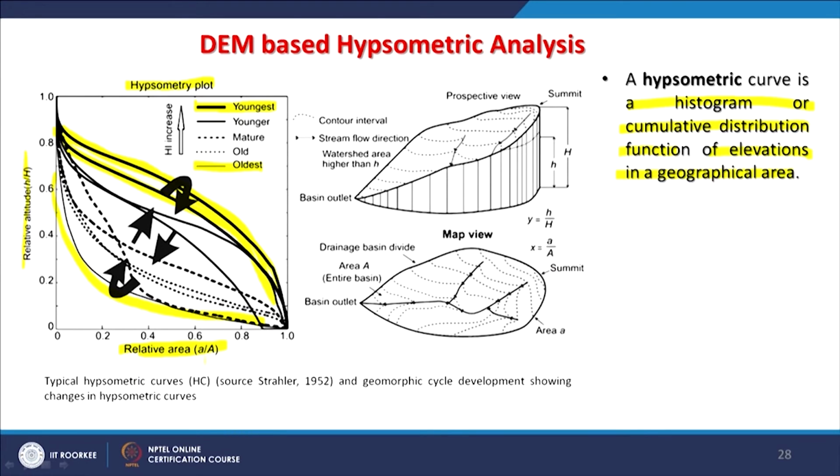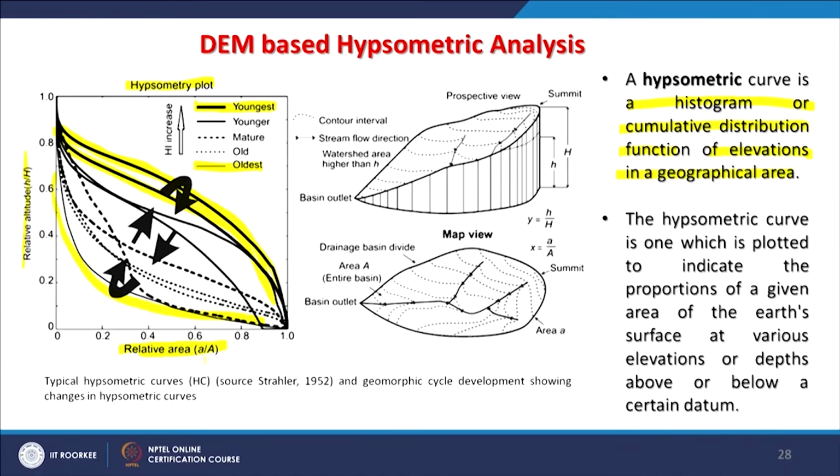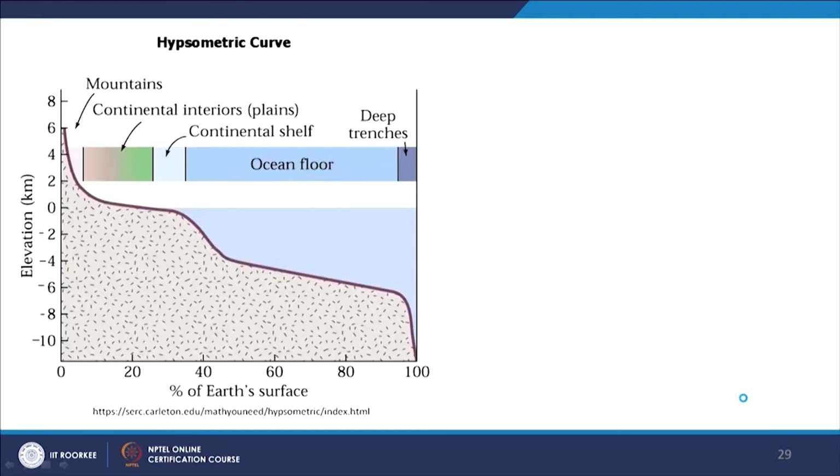So, this is basically relative area versus relative height, and a hypsometric curve is one plotted to indicate the proportions of the area of the earth's surface at various elevations or depths above or below a certain datum. Here we will be discussing only above the datum. For example, this is a schematic.